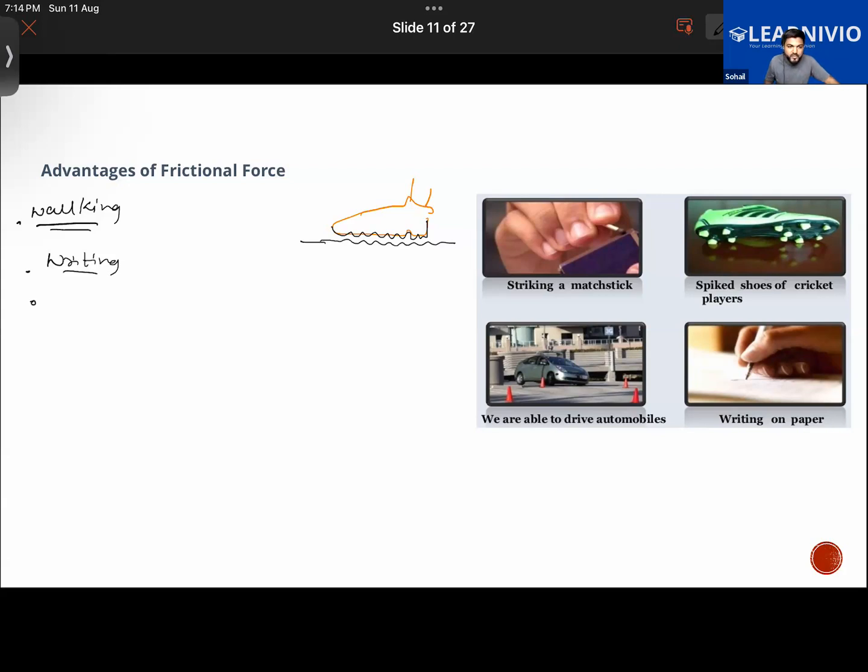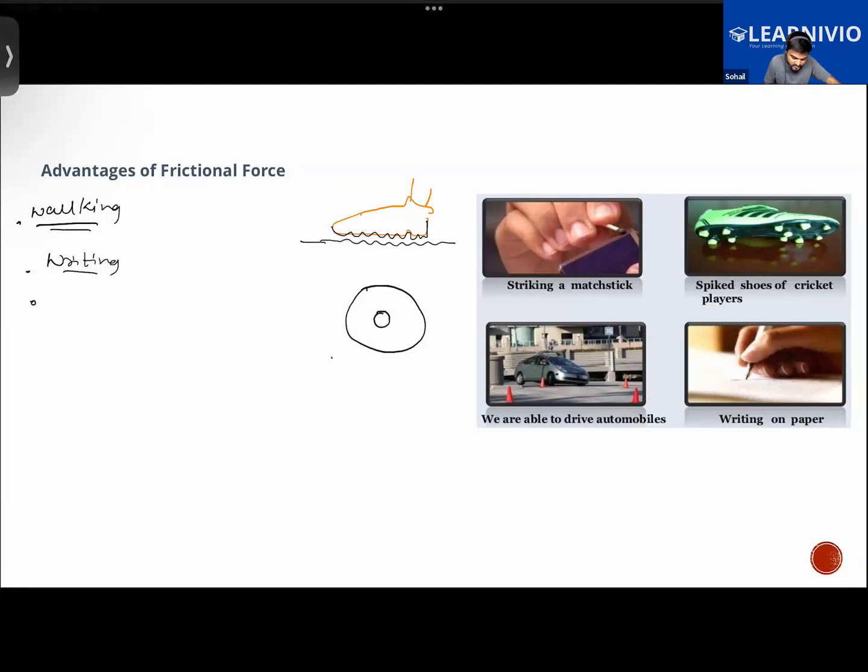Getting it? Think about this: if there were no friction between the tires of vehicles and the road, would it be easier for us to drive on the road? The brakes will not be applied properly.